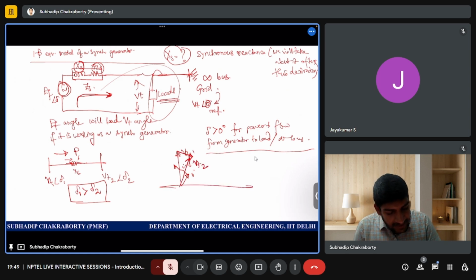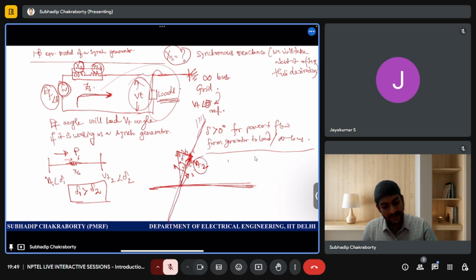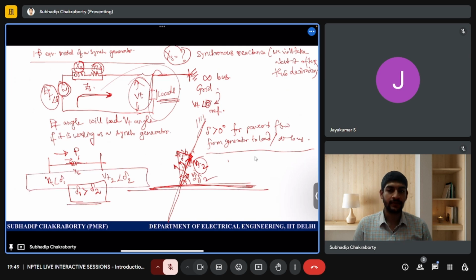So you see, with reference to VT2, VT1 is leading by delta. That is what we call the power angle between the induced voltage and the VT. So you see, you derived, right, that is the angle difference. If this VT we consider as the reference, then you see angle delta, it is leading. So that's why I told this delta 1 should be greater than this delta 2. Okay, understood, for power flow.